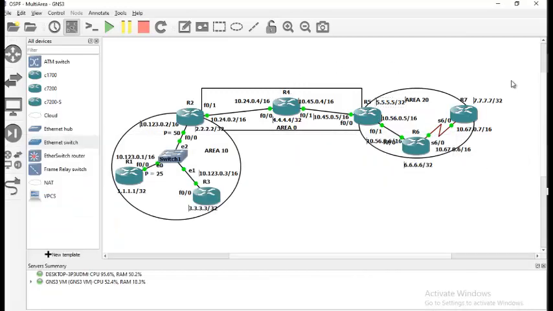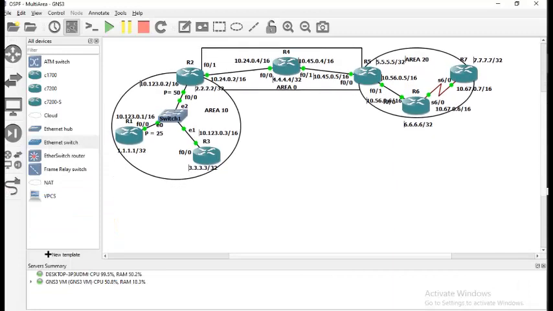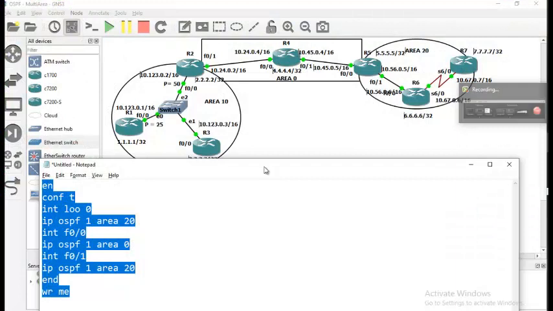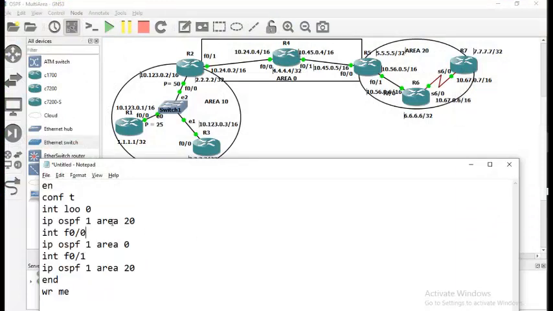And now router 6. Router 6 has got area 20 everywhere.